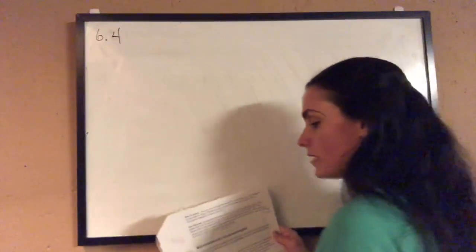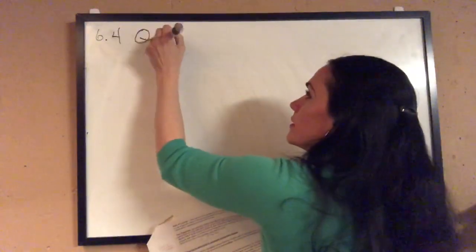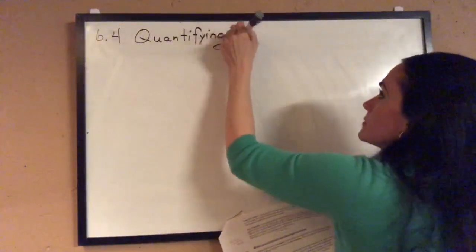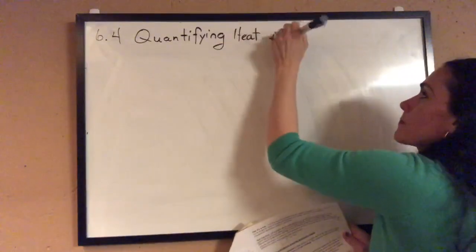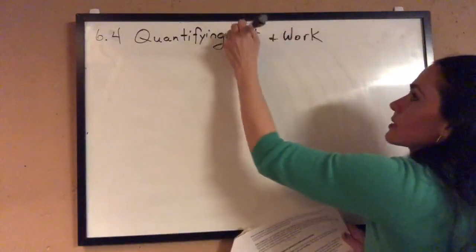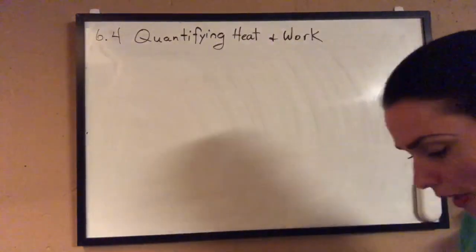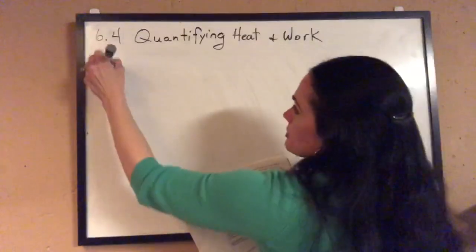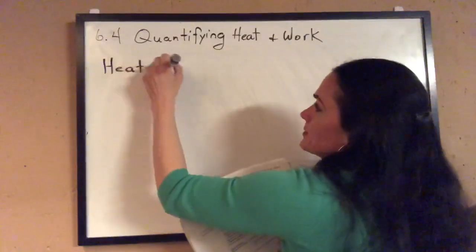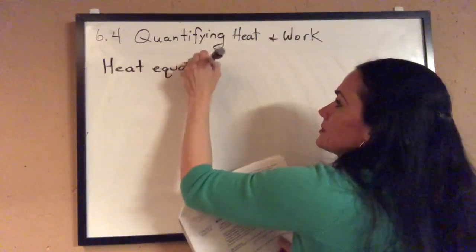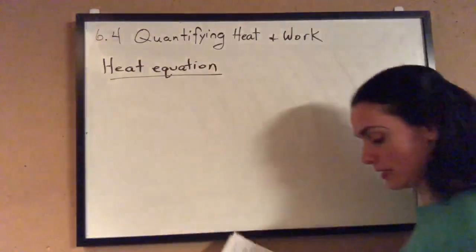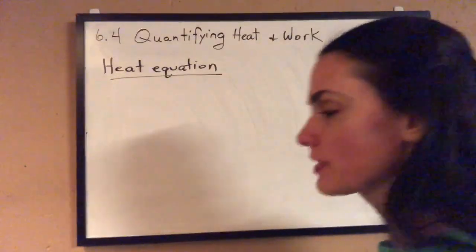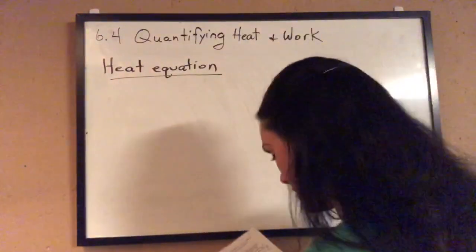Section 6.4, quantifying heat and work. We have this heat equation here, which explains the relationship between temperature change, the mass of an object, and something called specific heat.